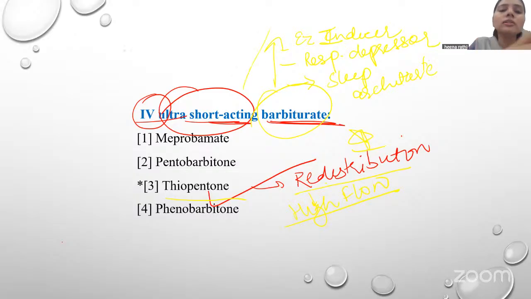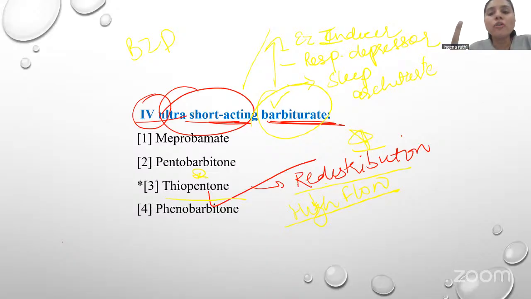To overcome these disadvantages, benzodiazepines were invented. Nowadays barbiturates are still used, but their use is very limited because of these adverse effects. There are only two major uses. First is thiopentone, a barbiturate used in general anesthesia.